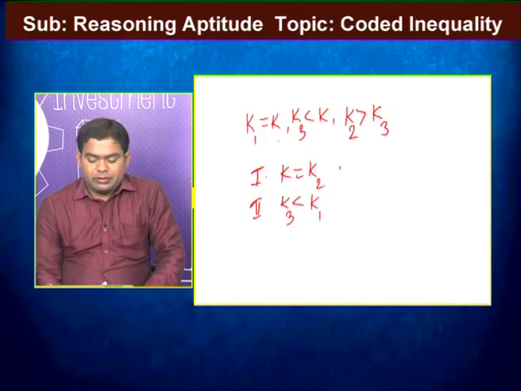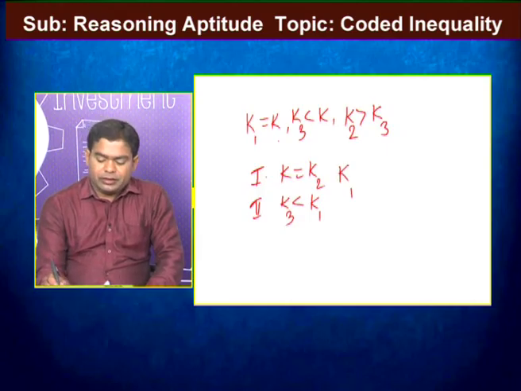First of all we combine the given statements. That one is K1 equal to K. Again that K is related with K3, that means K greater than K3.